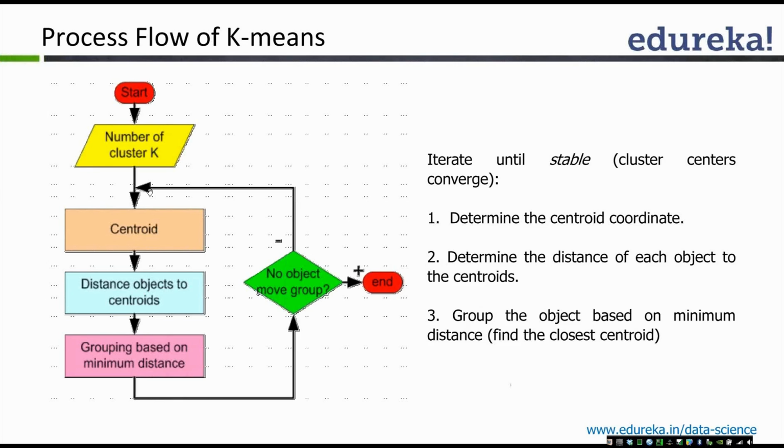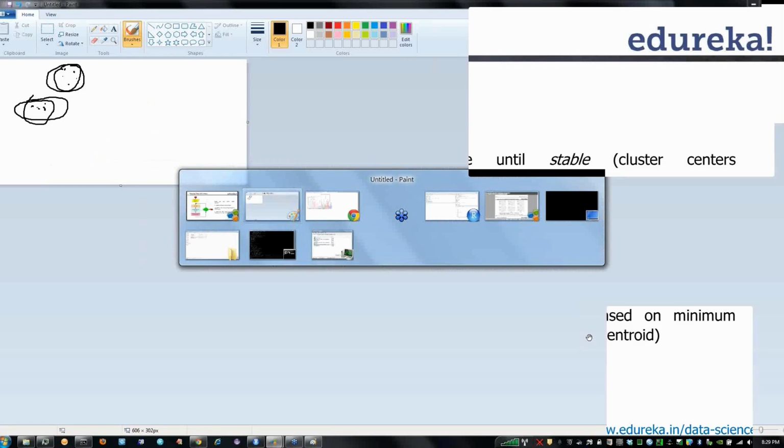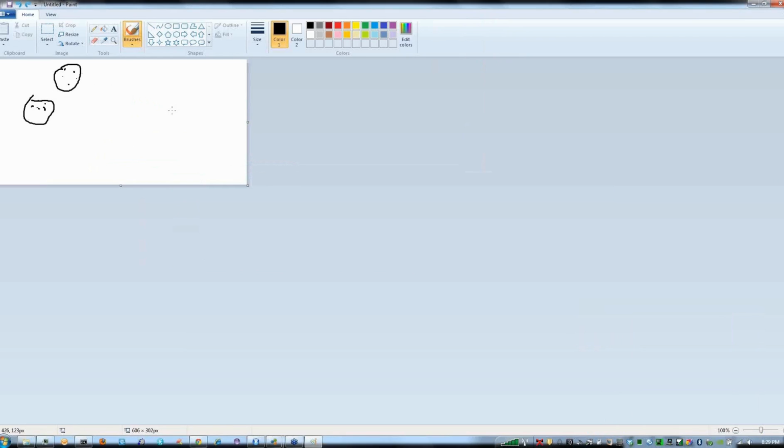So we have the number of clusters k, which is the input to the algorithm. The first thing that you do is select random k cluster centers, meaning randomly select k data points. Going back to this diagram, I have a data set like that, a bunch of points in the space.